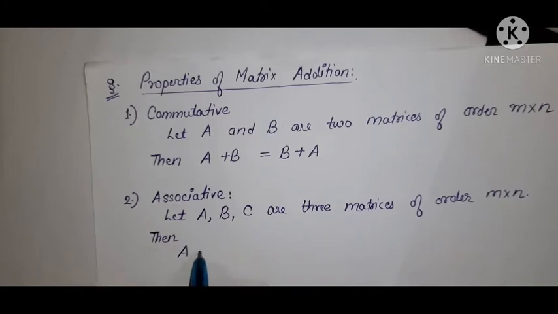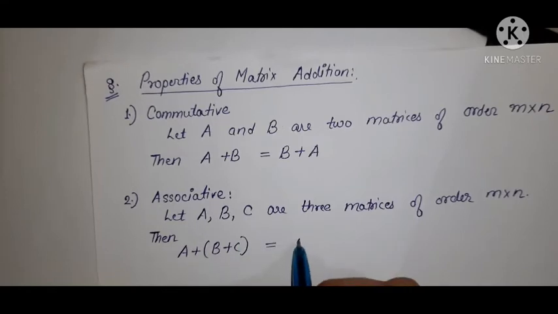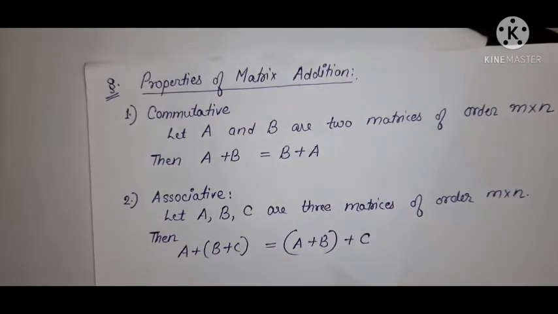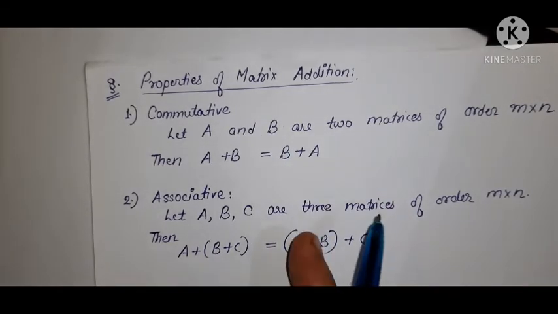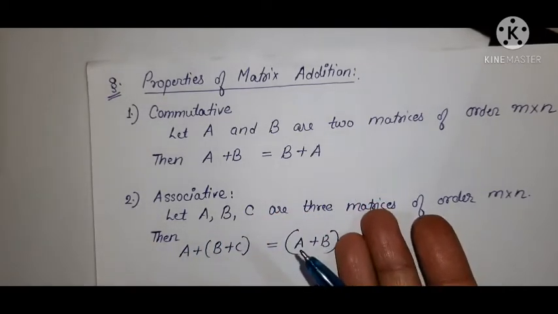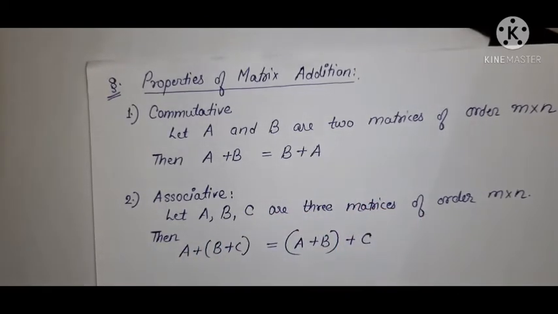Then A plus (B plus C) equals (A plus B) plus C. You all know about these properties, but the difference is here, in place of numbers or digits, you have to deal with the matrix.